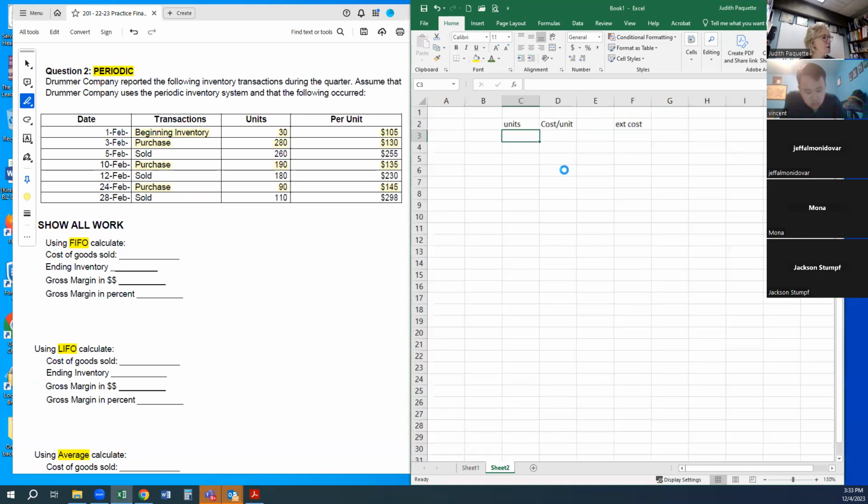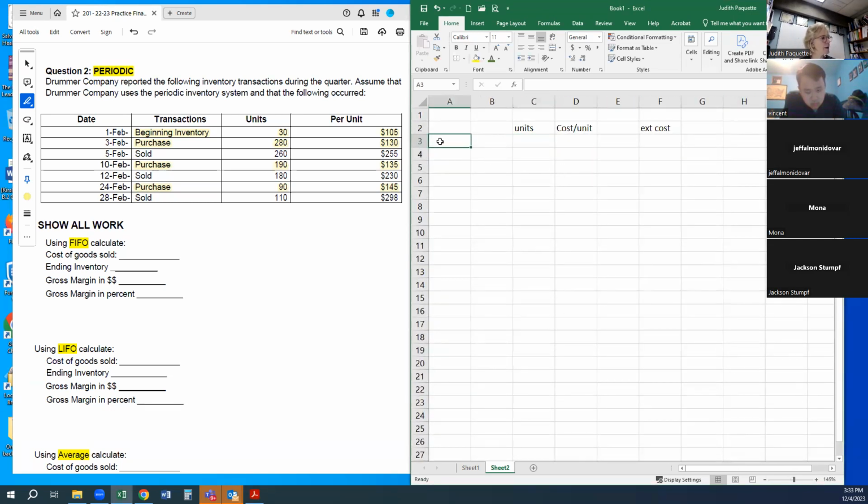Can you see, is that too small? We've got cost layers here, and the pattern is the costs are going up. We've got units of 30, 280, 190, and 90.